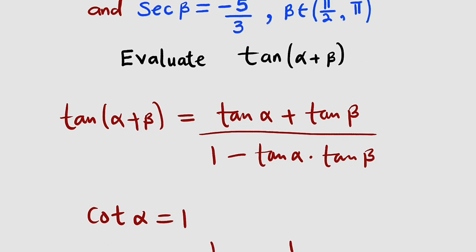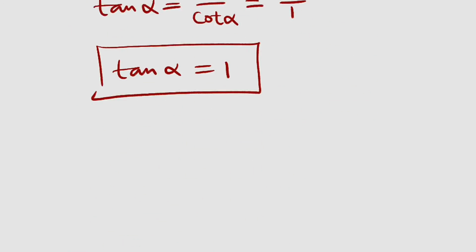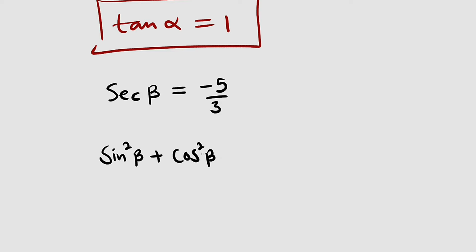Then we take secant beta, which is given as negative 5 divided by 3. How can we express secant beta in terms of tan beta? Remember this famous identity: sine squared beta plus cosine squared beta will always give us 1.